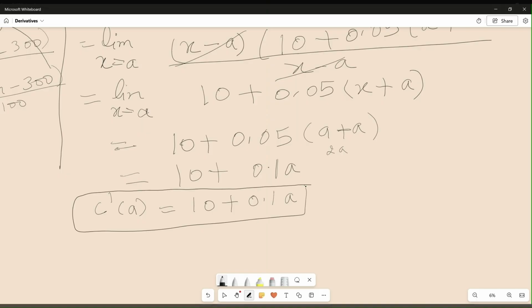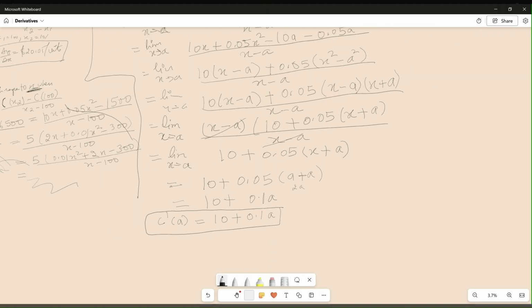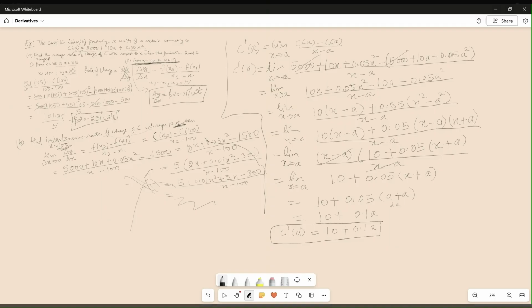And the question we were given is to find the instantaneous rate of change of this function C of x with respect to x when x is equal to 100, right? Okay, here we go.